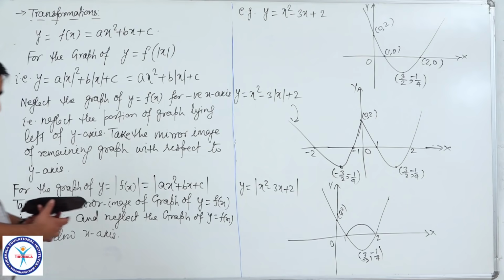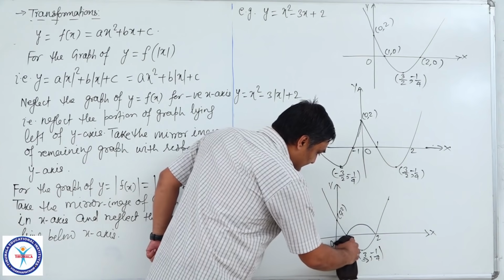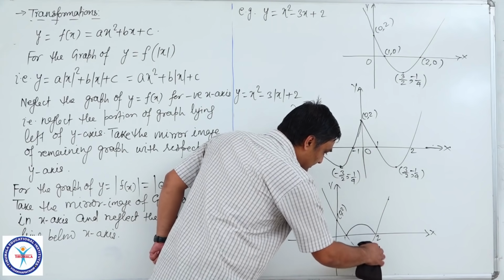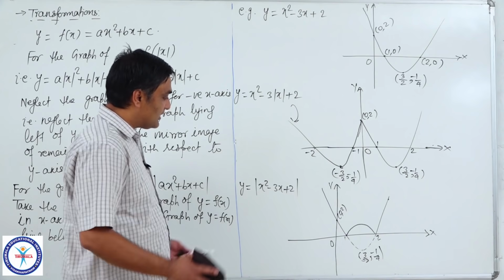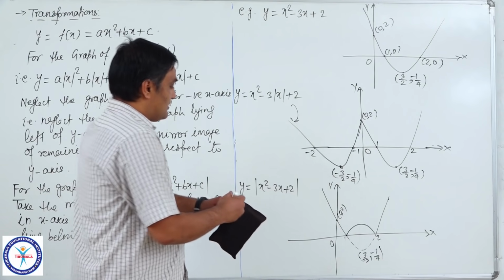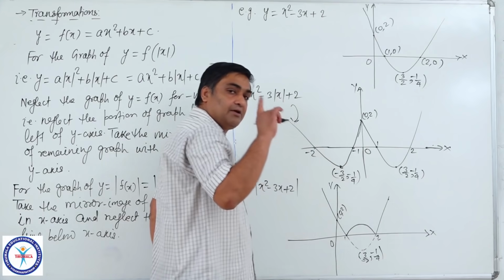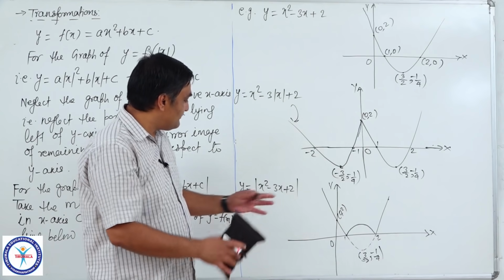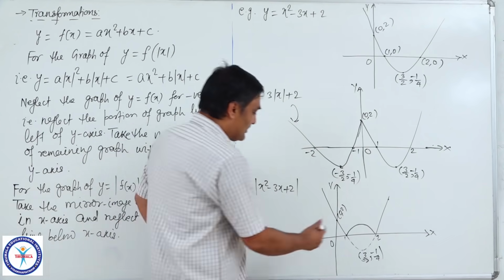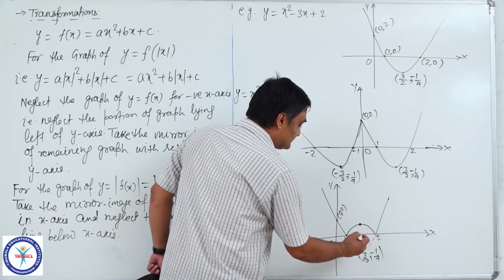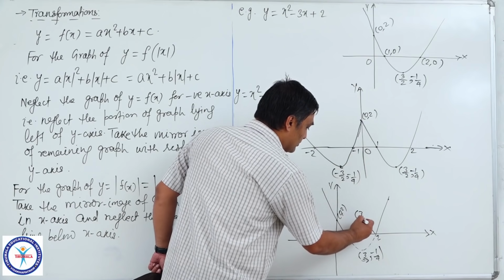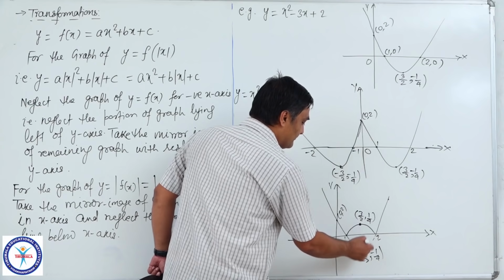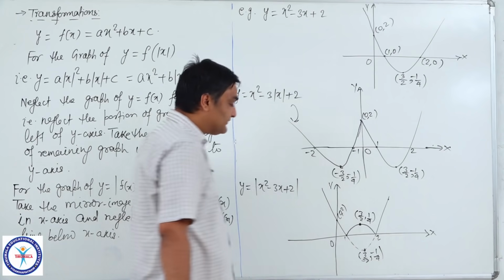So, neglect it like this, dotted. This dotted portion is not the graph of this. Now, what is this? 3 by 2, comma 1 by 4, if we reflect like this.